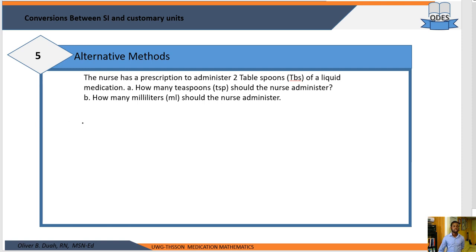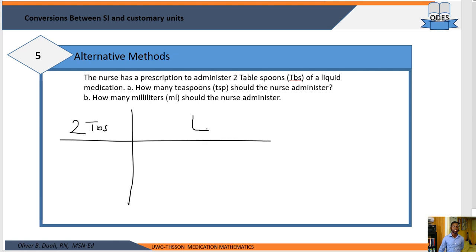All right. So we have 2 TBS, and we want our answer to be in TSP, which is teaspoon.